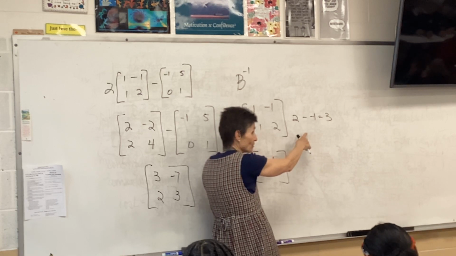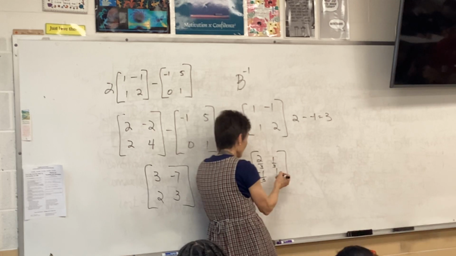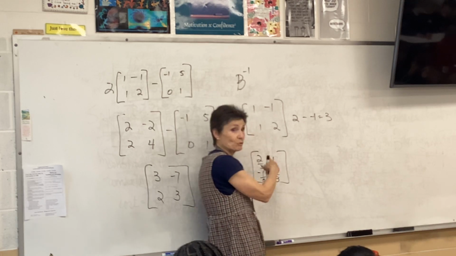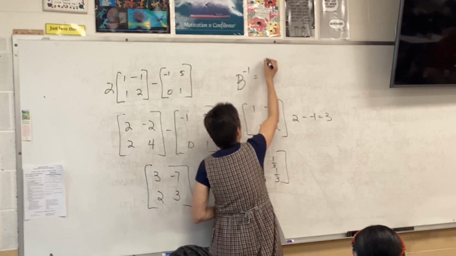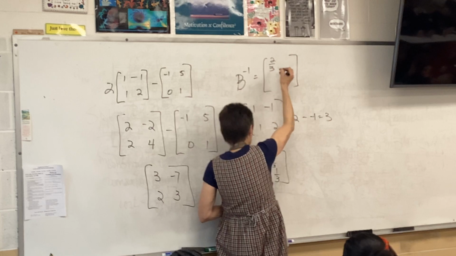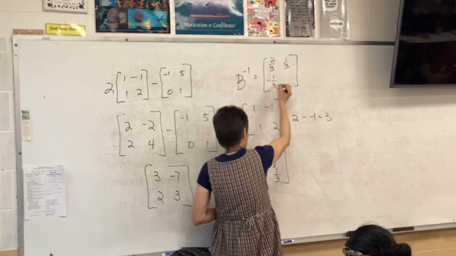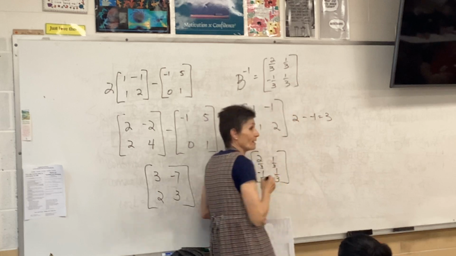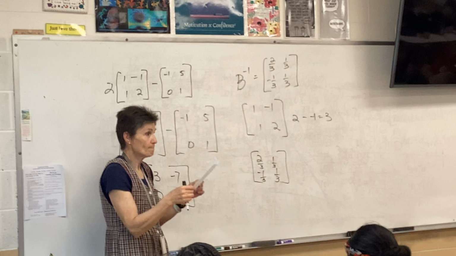Then I take that 3 and divide everything by 3 in my new matrix that I built. And that is my inverse. This one does not have any simplifying, but sometimes they do. Make sure that when you write your final answer in the answer blank, you have reduced. Okay?